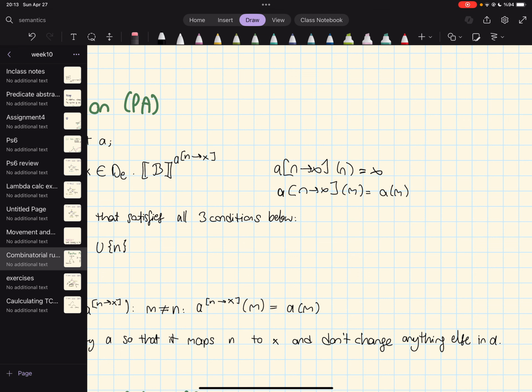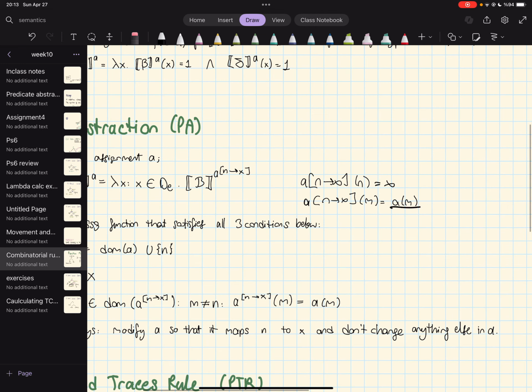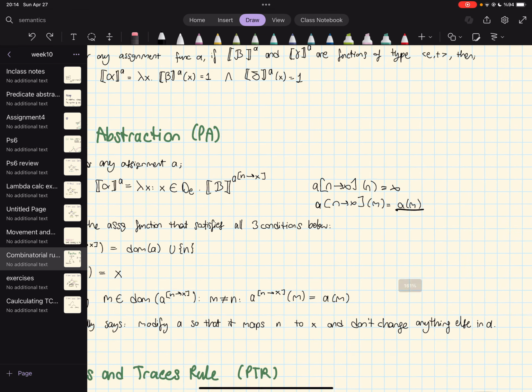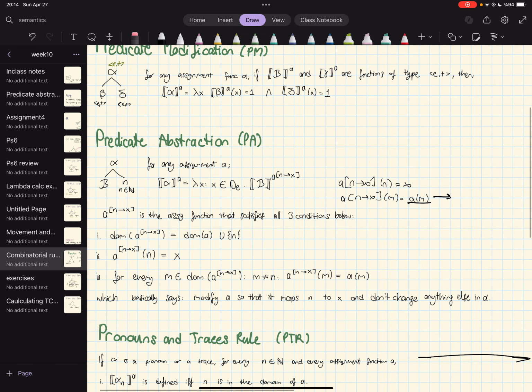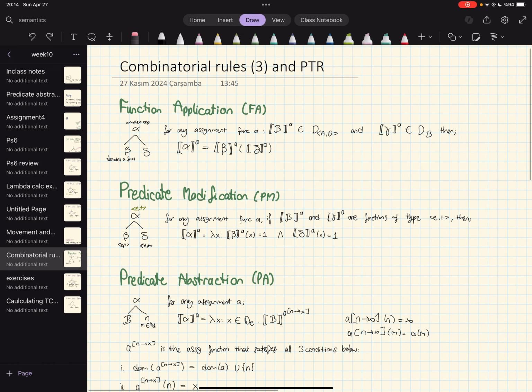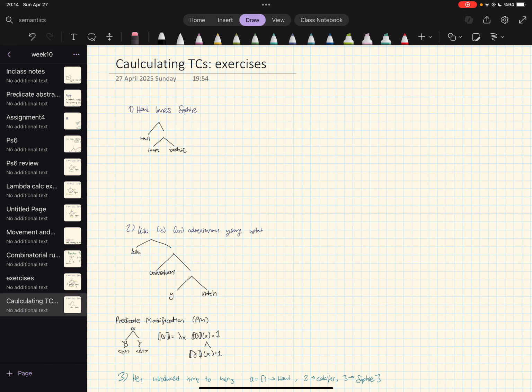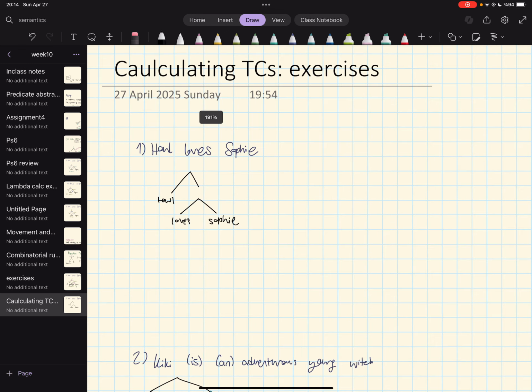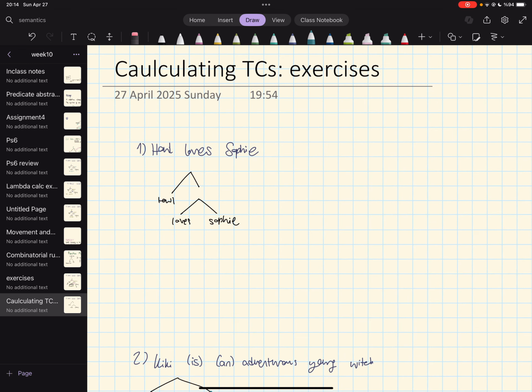It wouldn't be an actual entity like x is. So this calculation is done thanks to PTR, and we assign this domain the mapping thanks to predicate abstraction, PA. Now that we know all of this, we can get right into calculating our truth conditions for the exercises. The first exercise that we have is Hall loves Sophie.